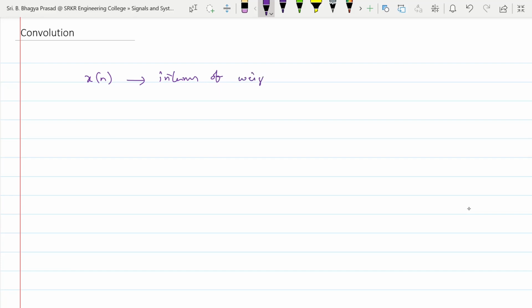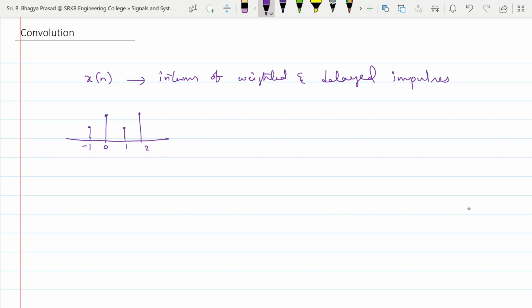weighted and delayed impulses. Okay, you know that x of n is a sequence like this, with positions 0, 1, 2, minus 1, and these values are holding some random values.